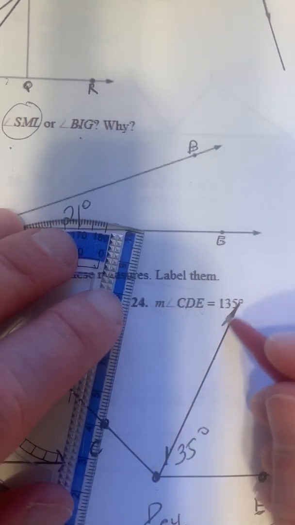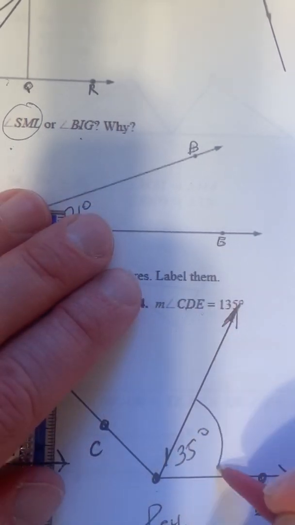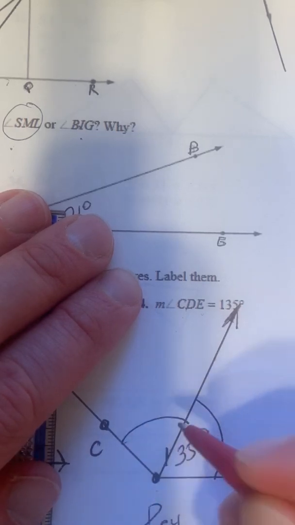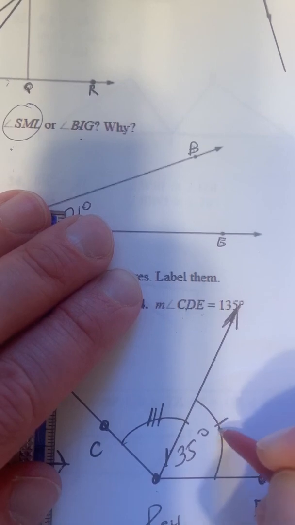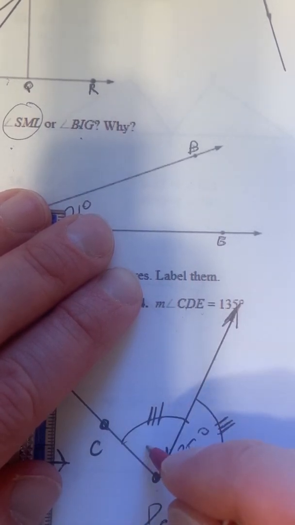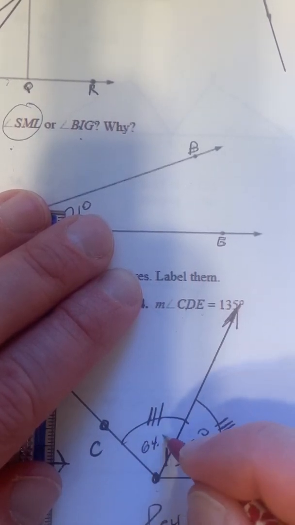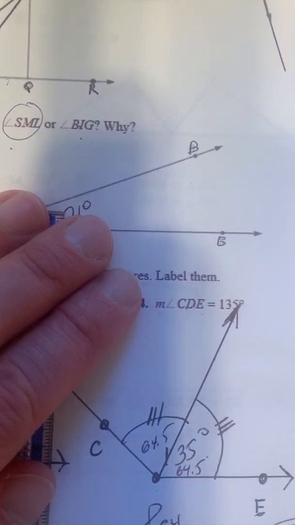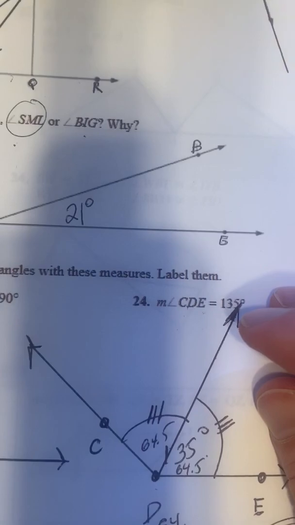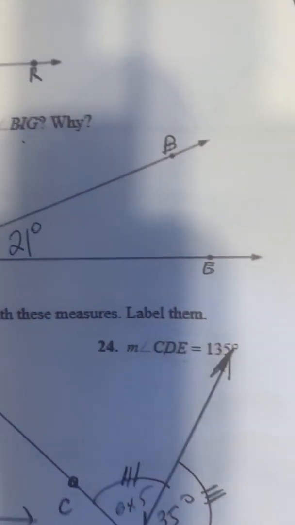We're bisecting the angle. This half here and this half here are both going to be the same. I'll use 3 tick marks this time, because this part right here would be about 64.5. This down here would be 64.5. Okay, so that's bisecting an angle.